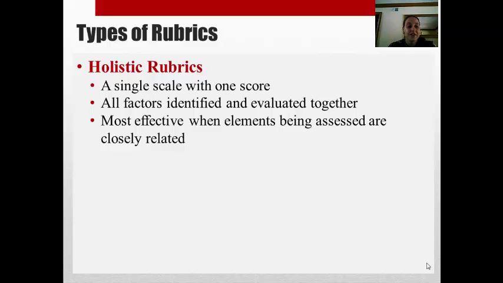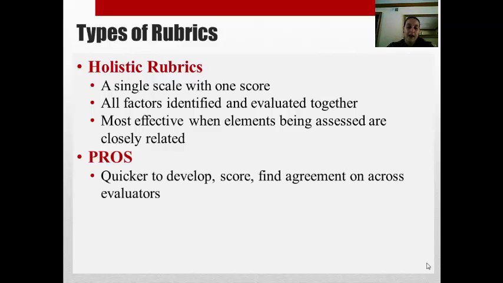Holistic rubrics are quicker to develop and learn. They're also quicker to score, and it's quicker to find agreement among various evaluators than it is with an analytical rubric. And also because holistic rubrics produce a single score, they're also the most effective when the elements being assessed are closely related.